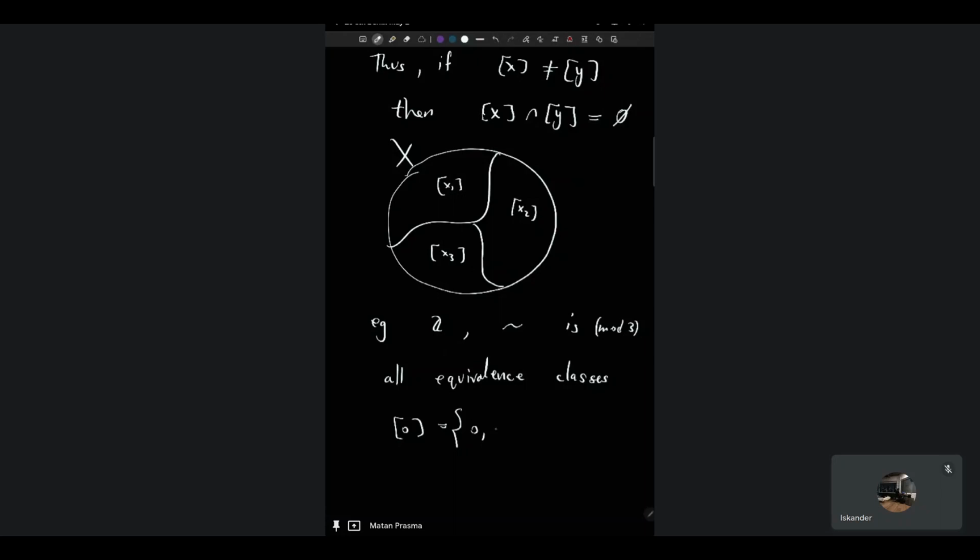So I have 3, minus 3, 6, minus 6, and so on. By the way, of course, since 3 is equivalent to 0 in this relation, the equivalence class of 0 is the same as the equivalence class of 3.